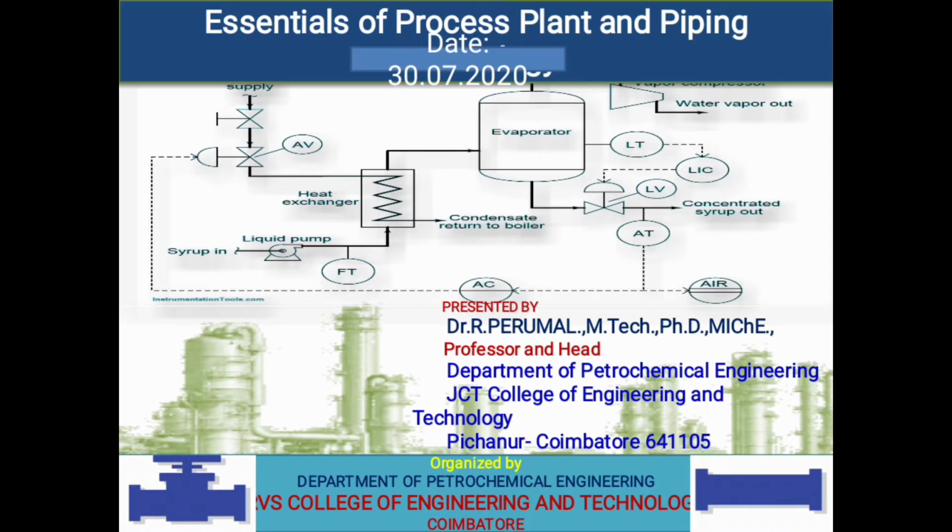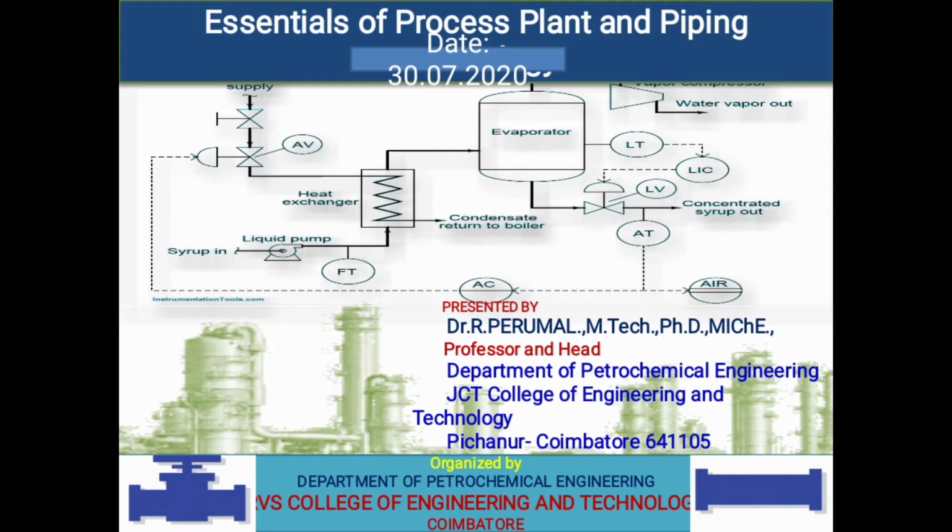Dear students, this presentation about essentials of process plant and piping technology will emphasize more on the practical tips to understand the complete anatomy of the process plant. After completing your BE degree course, you may be appointed as a process engineer or production engineer or project engineer, whatever the position may be.